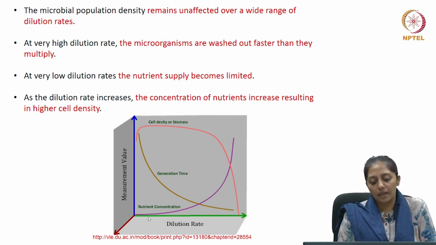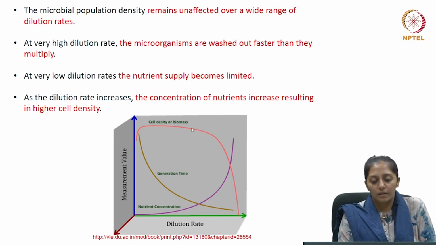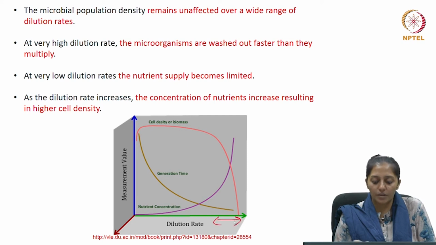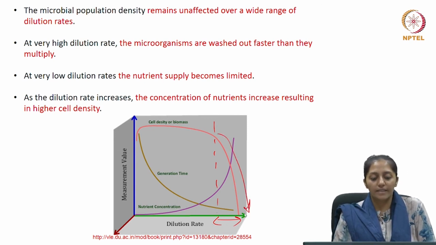As the dilution rate is changing, there is very little change in the cell mass density, until it reaches a point beyond which, at a certain dilution rate, it suddenly starts decreasing. This shows that at very high dilution rates the washout has started happening, because of which the cell mass starts decreasing inside the reactor.